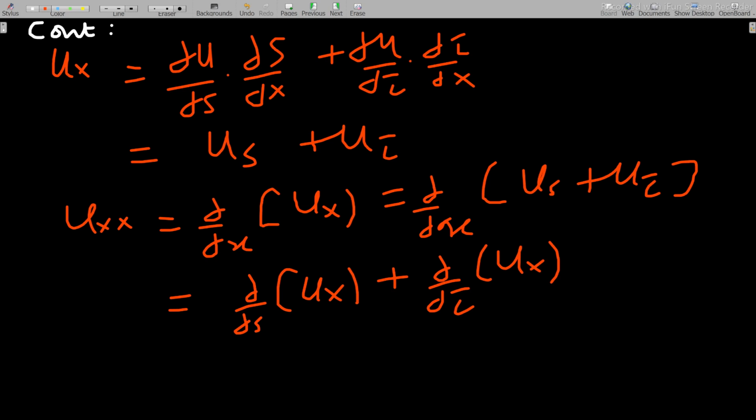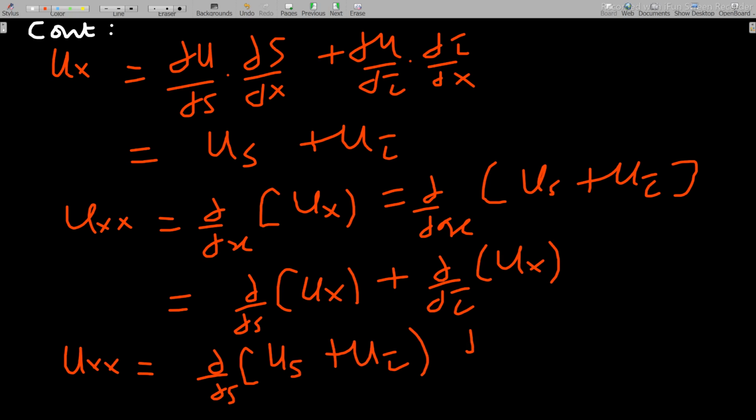I hope you can see this, and I believe by now you understand this process. Kindly follow and understand it. So U_XX will be equal to del S of U_X, which is U_S here, plus U_tau.